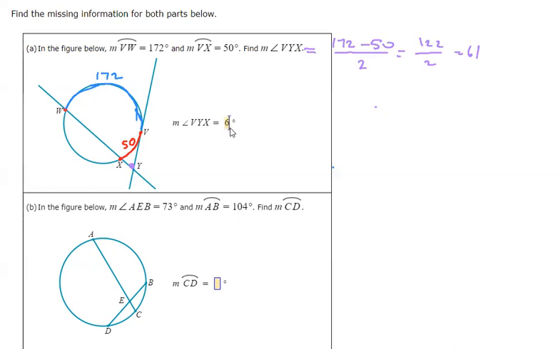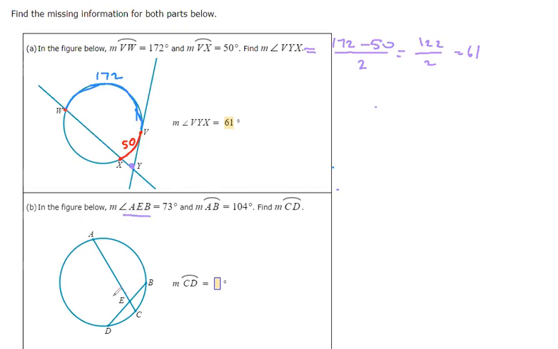For the second question, it is quite similar to the first one, but the only difference is that now the lines are not intersecting outside. The intersection is inside, where two chords intersect inside the circle. The angle between those two chords, like this angle or this angle, will be half of the sum.